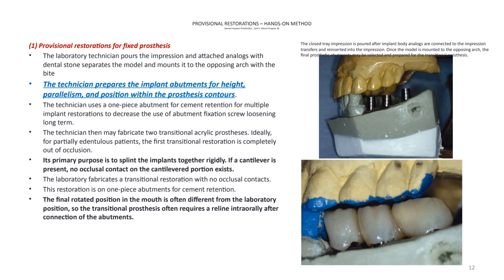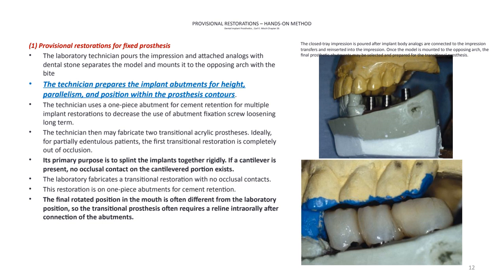If a cantilever is present, no occlusal contact on the cantilever portions should exist. A cantilever is a tooth placed on the restoration that is like a pontic, but a pontic that is placed not in between two abutments. It's a pontic that is placed either at the end of the bridge or at the beginning of the bridge. So one side of the pontic is not connected with anything.